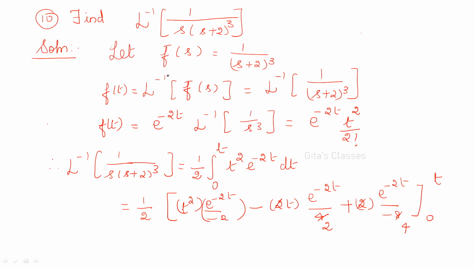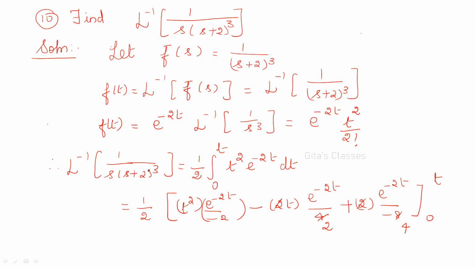Then find the inverse Laplace transform of that, that is f of t. So f of t is 1 by (s plus 2) the whole cube. Whenever you have s plus a or s minus a form, I can use the first shifting theorem. So e power minus 2t into L inverse of 1 by s cube, which is t squared by 2 factorial.